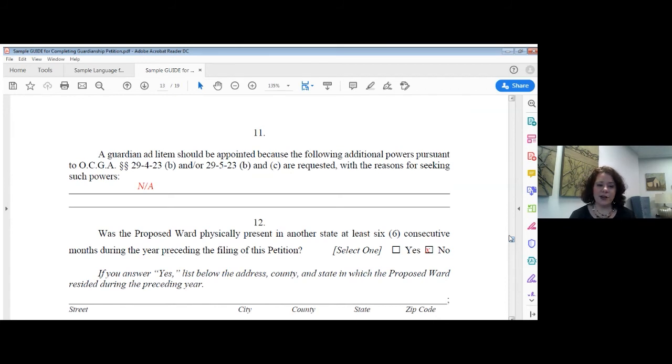So that's the court-appointed attorney, as opposed to a guardian ad litem, which is listed here in paragraph 11. A guardian ad litem is another attorney that potentially could be brought into the mix here if you're asking for something kind of outside of the box. If you were asking for permission to take funds that were in your child's name and put it over into a special needs trust so that you could get benefits, for instance.